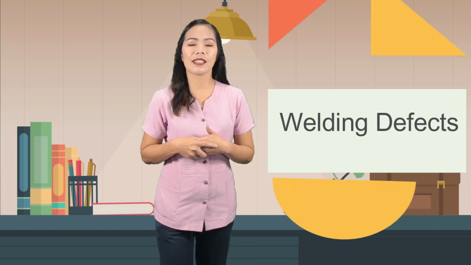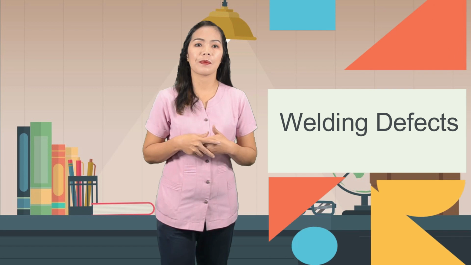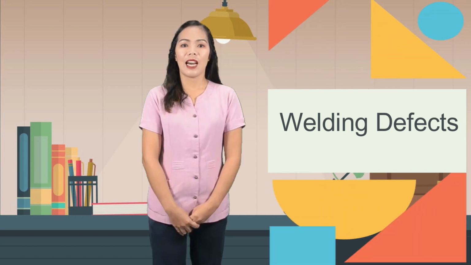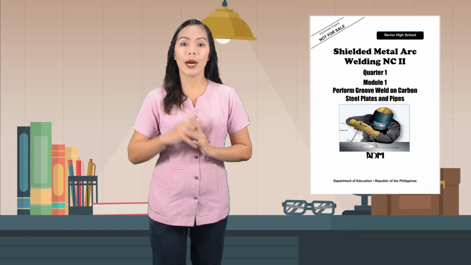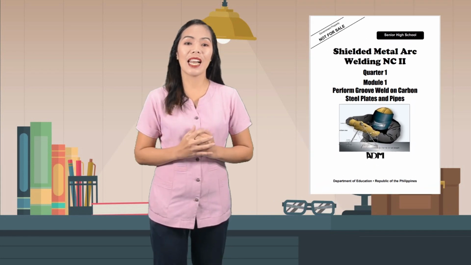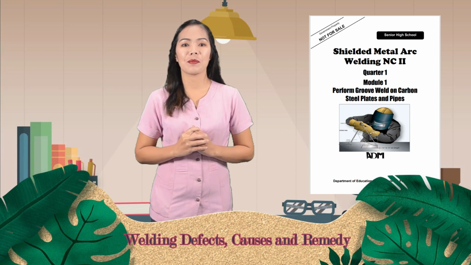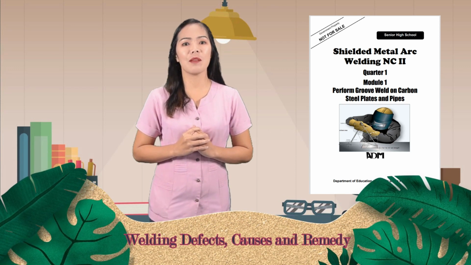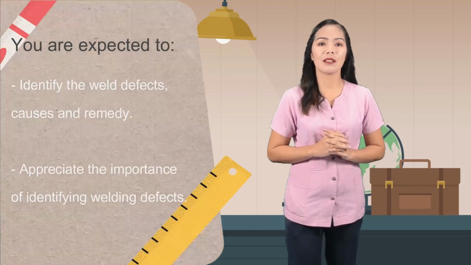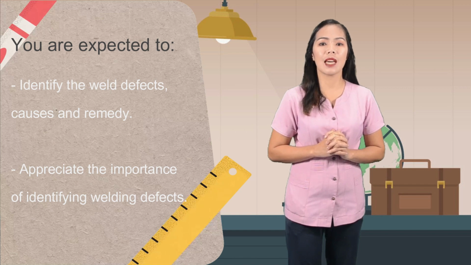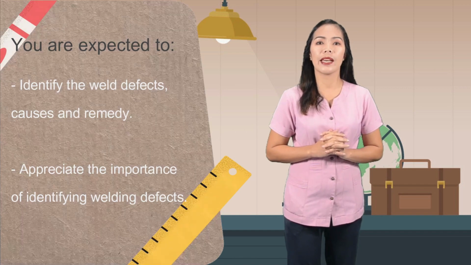For this time, our lesson for today is welding defects. At this moment, I want you to get your module, Shielded Metal Arc Welding, Quarter 1, Module 1, Lesson 1.5, Welding defects, causes, and remedy. At the end of this session, you are expected to identify the weld defects, causes, and remedy, and appreciate the importance of identifying welding defects.